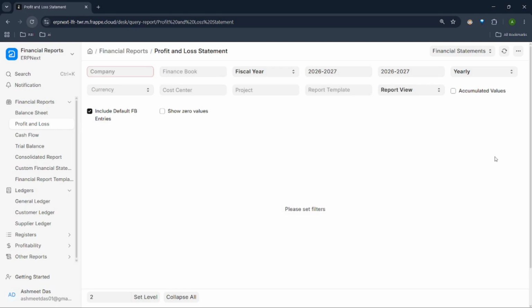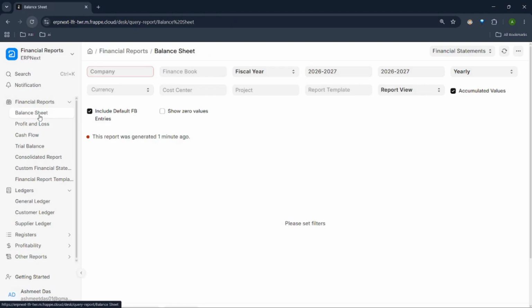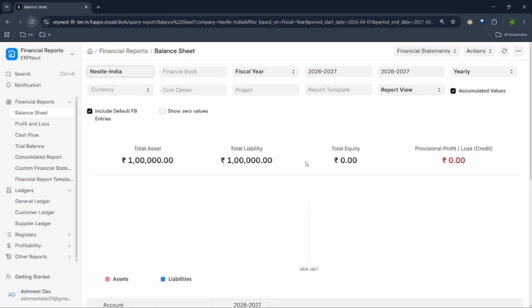It shows how much money we spent on making the KitKats and how much we earn by selling those KitKats. Whereas the balance sheet shows what the company owns, its assets, and what it owes, and its equity. It tends to balance out its assets with liabilities and equity. Basically, assets equal liabilities plus equity.